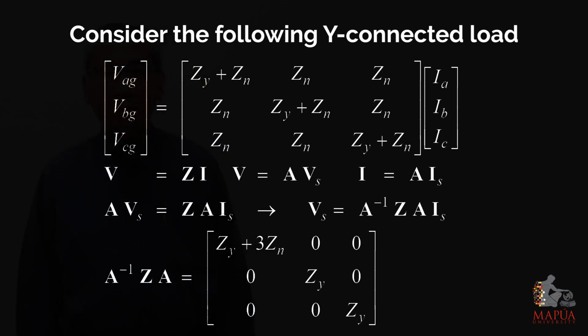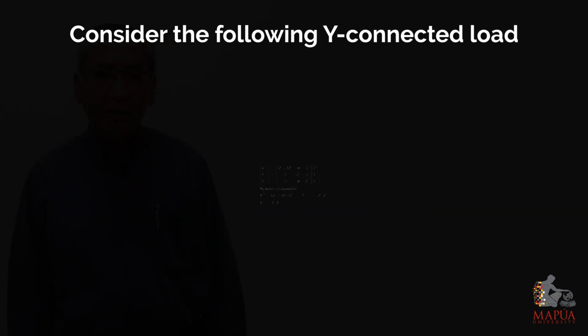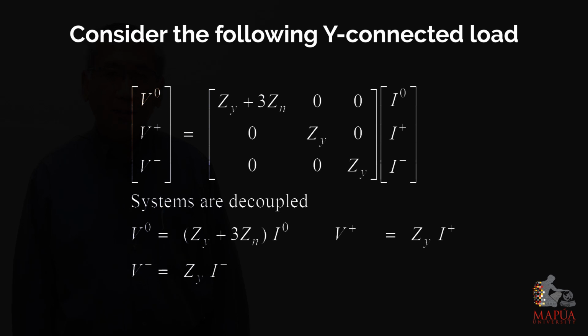Now, if we simplify this, V0 is just equal to ZY plus 3 ZN multiplied by I0. I plus and I minus contribute 0 to the voltage V0. And V plus is just equal to ZY multiplied by the positive sequence current. And V minus is just equal to ZY multiplied by I minus, the negative sequence current.